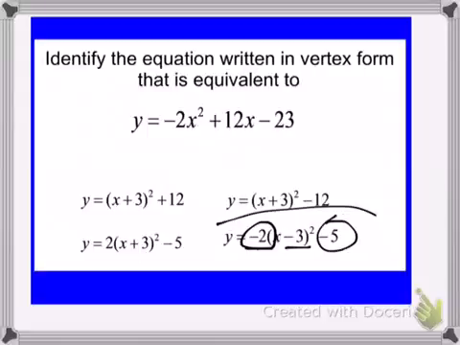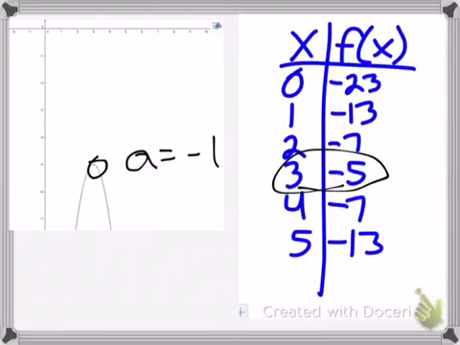It goes down 5, so there's our solution. And our rate here is going by 2. So we got a minus 2 on each side, so we know our a value is negative 2.